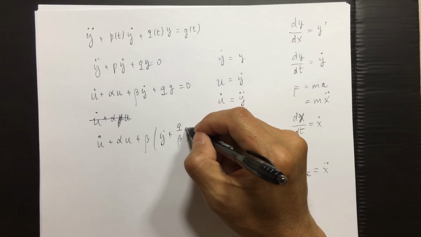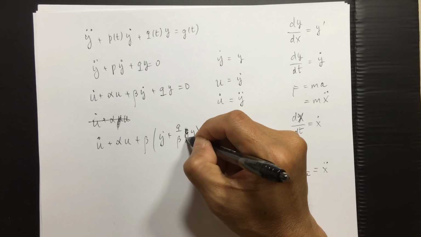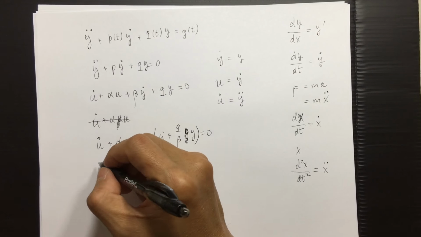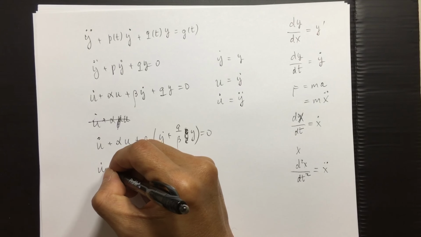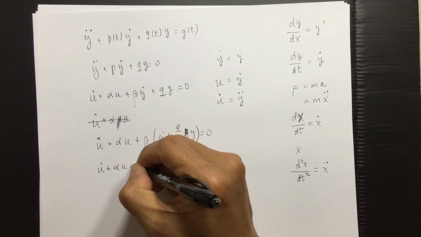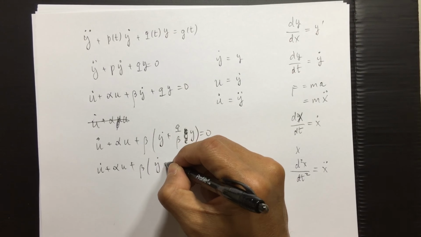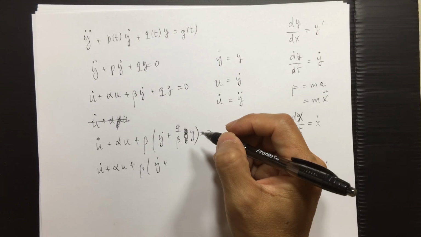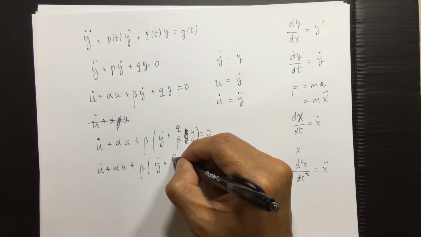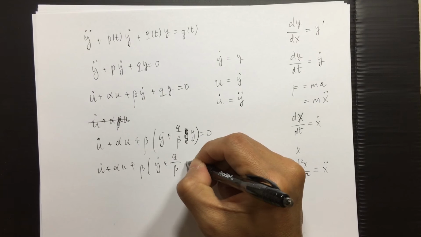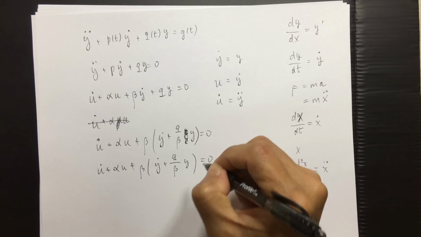You get it? Let me write it again because you need to see this one. Alpha u plus beta y dot plus q over beta y. Right?